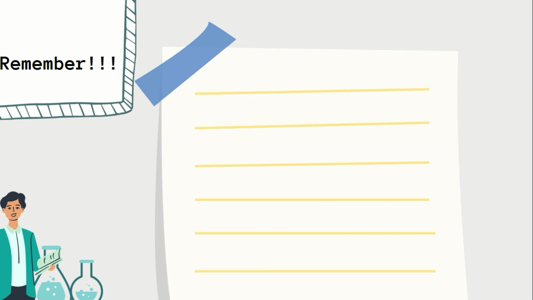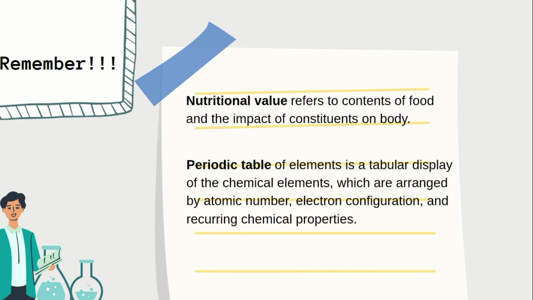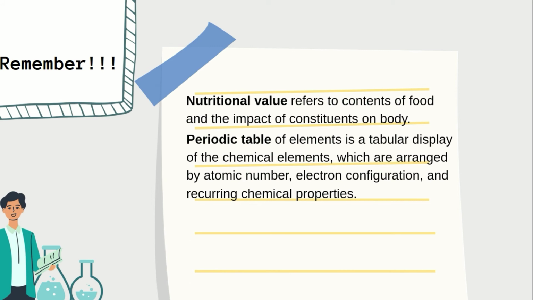Nutritional value refers to contents of food and the impact of constituents on body. Periodic table of elements is a tabular display of chemical elements which are arranged by atomic number, electron configuration, and recurring chemical properties.